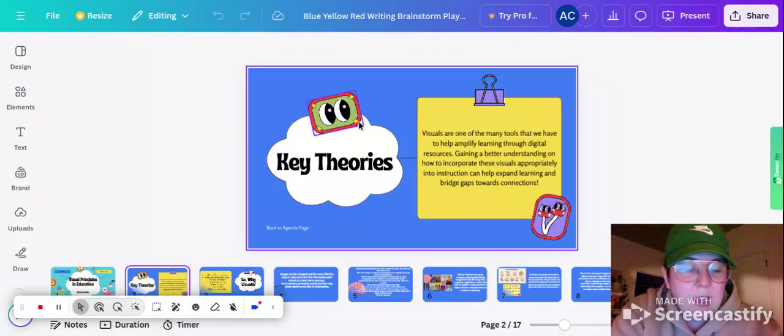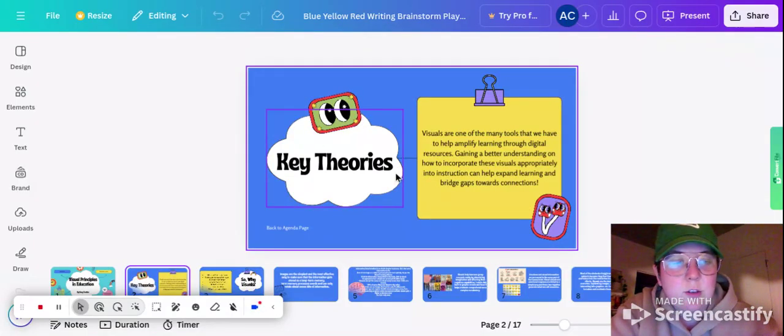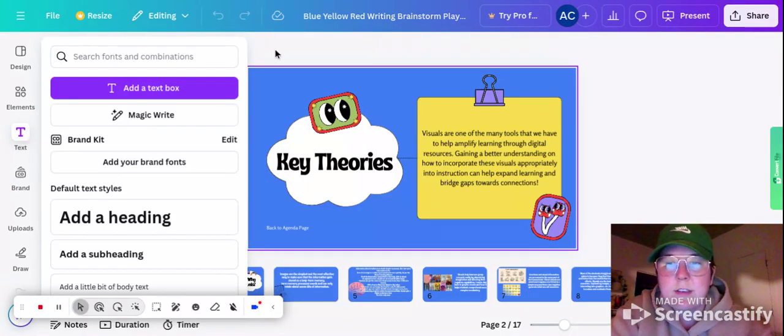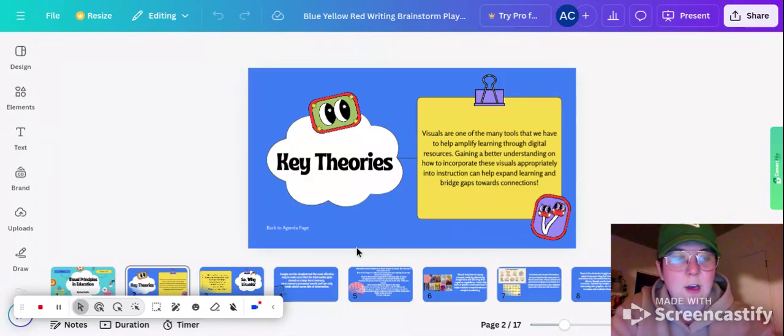So the big overarching theme is trying to get a better understanding of why we use different types of visuals to enhance learning throughout different modalities. For example, images that we can use to help students with comprehension of vocabulary, or making sure that we're pairing different visuals appropriately with the content that we're instructing.